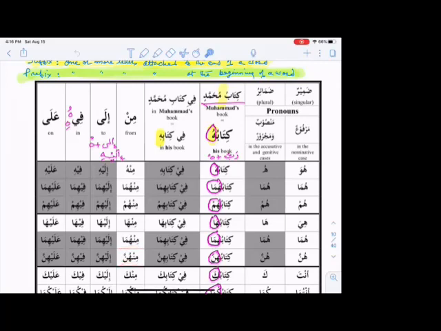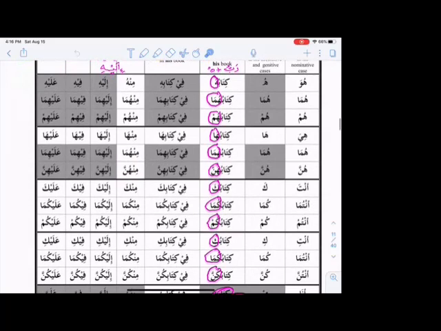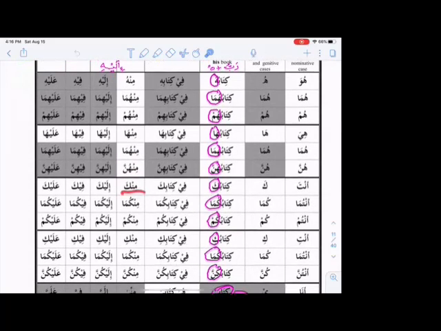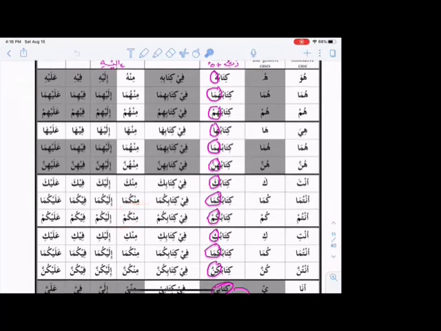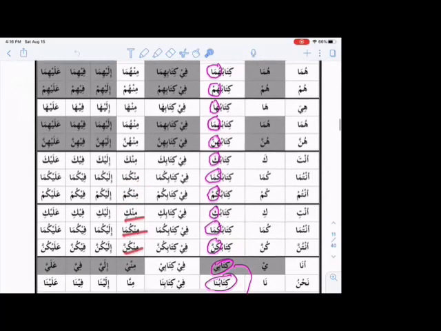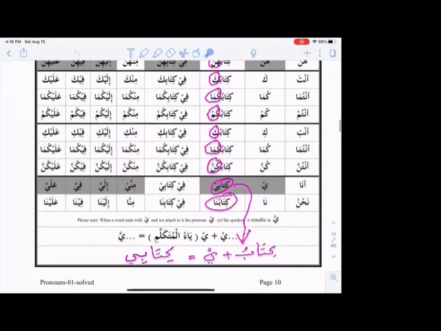From many sisters, minhunna. From you, minka, from two of you, minkuma, and then from all of you, minkum. From a sister, minki, minkuma, minkunna, and then minni, from me, minni. Did you get the idea?